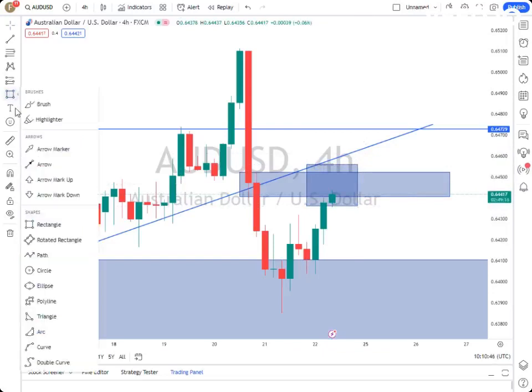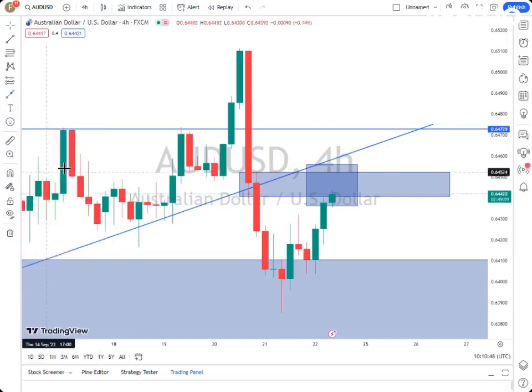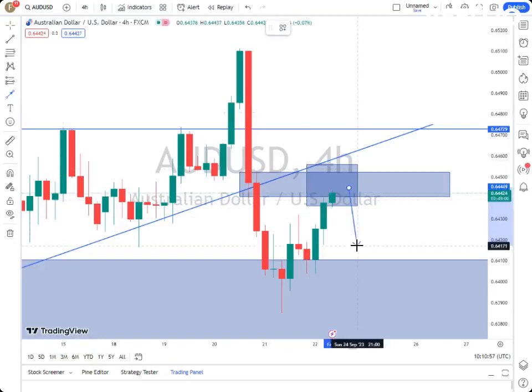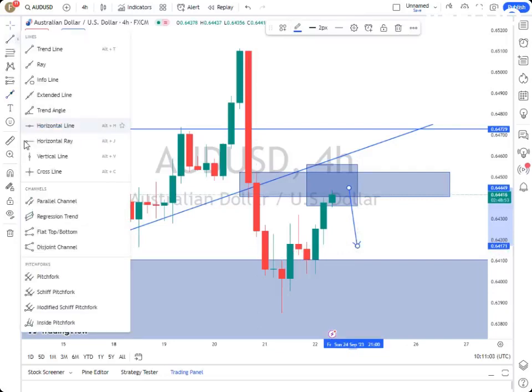The drop might not be massive, because I'm on the 4 hours and trading on a higher time frame, but at least we are going to drop. I'm thinking that this drop for now is going to end somewhere around here.